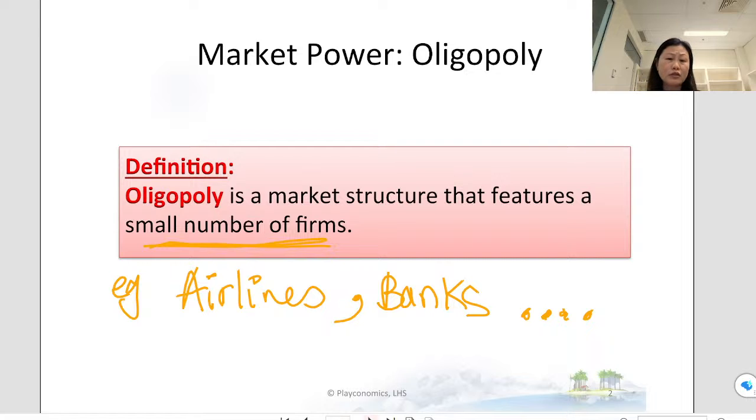Banks are a really good example of an oligopoly because we have ANZ, Westpac, NAB, Combank, Suncorp. I reckon we probably have maybe about 20. I could be wrong, but it's a relatively small number. We're not talking about thousands of firms in that one market.